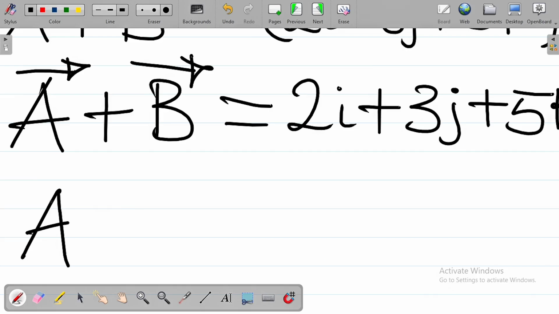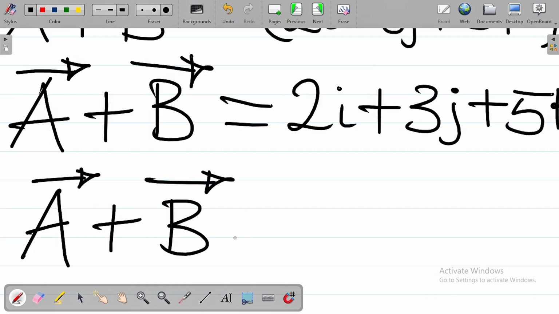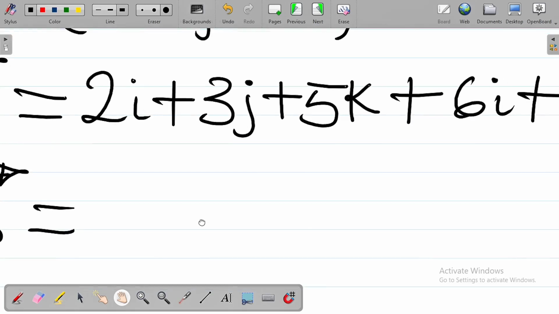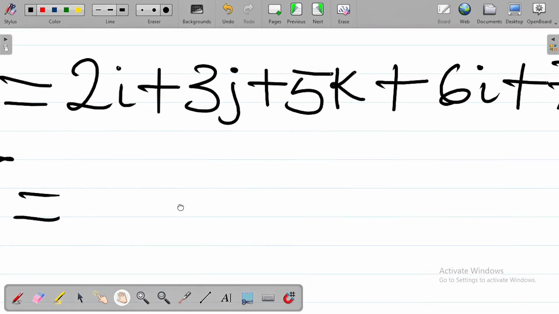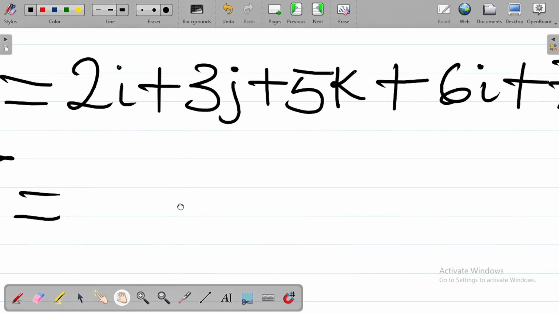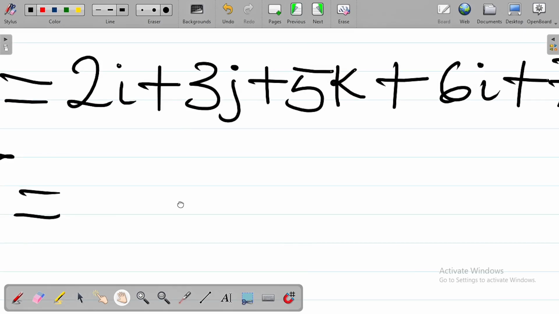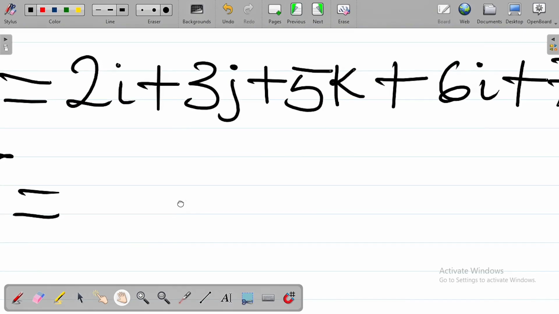So vector A plus vector B is equal to, now our next task is to collect like terms. Remember I told you that when you are asked to add or subtract vectors, simply add or subtract their corresponding components.